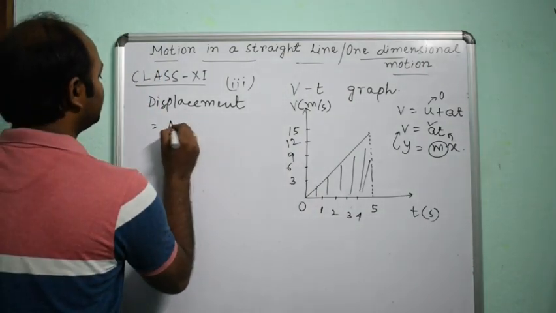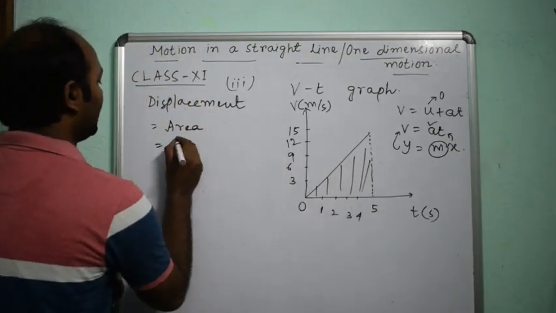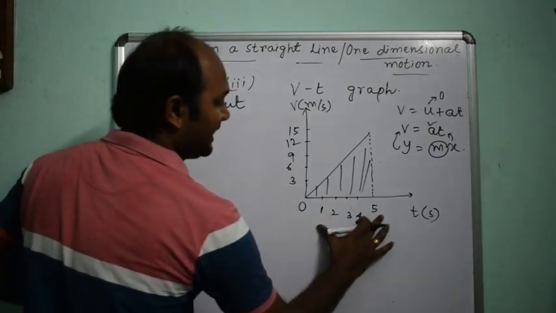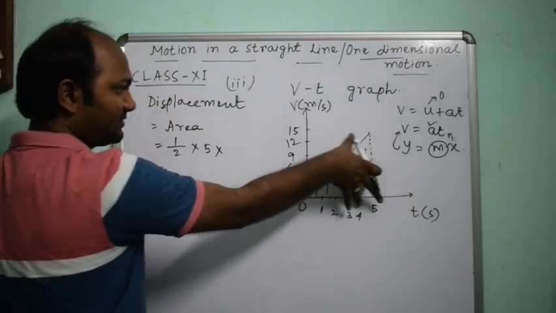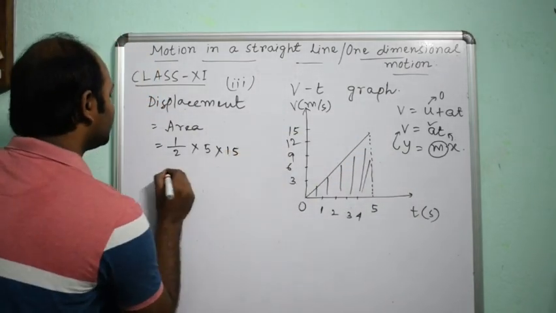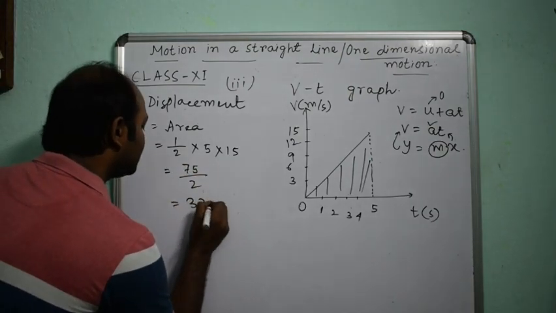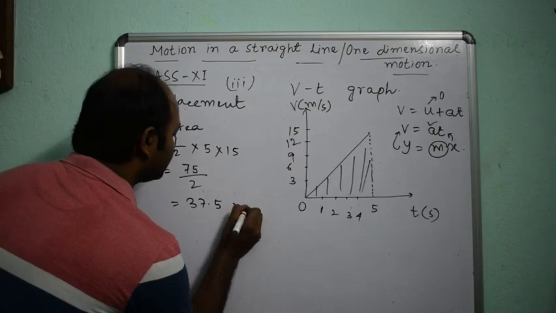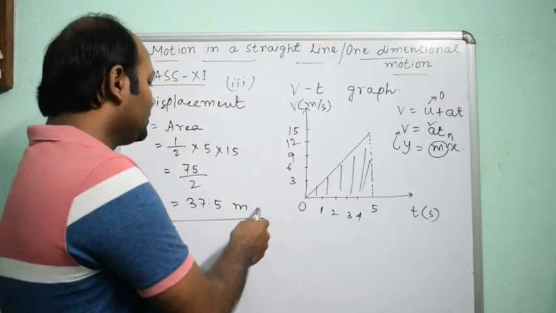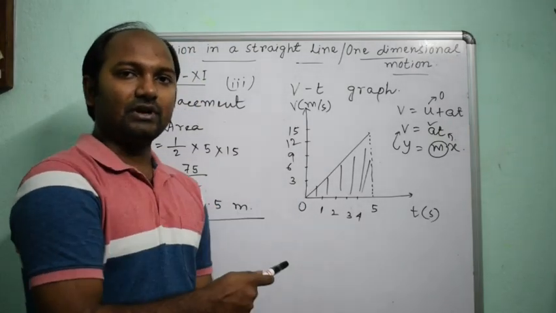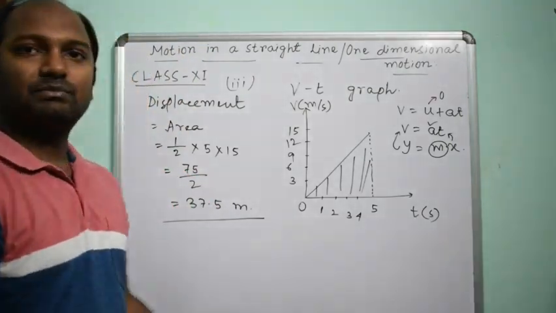So the area of this triangle is half into base, which is 5, into height of this right angle triangle, which is 15. So this equals 75 by 2, that is 37.5 meter. So from this graph we got two physical quantities: previously we got acceleration, now we got displacement.